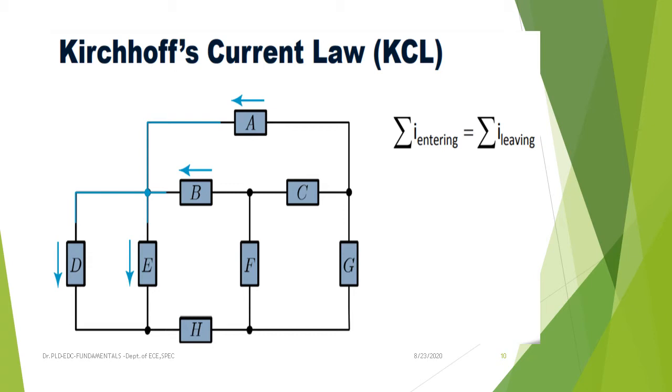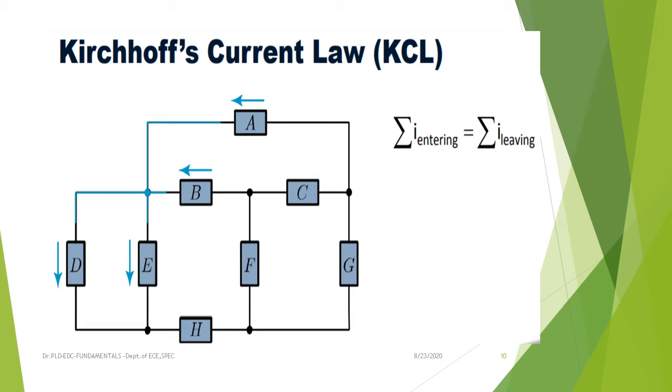Based on this, mesh analysis and nodal analysis are there that we would like to have in the network analysis subject. This is the general concept for writing Kirchhoff voltage law equations and Kirchhoff current law equations. These formulas are very important to remember. Applying KVL means the sum of voltage drops in a closed loop is equal to 0, or the algebraic sum of voltages in a closed loop is equal to 0.